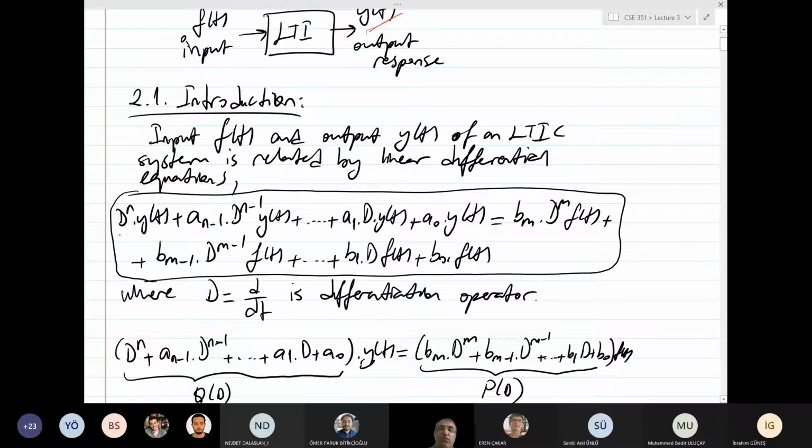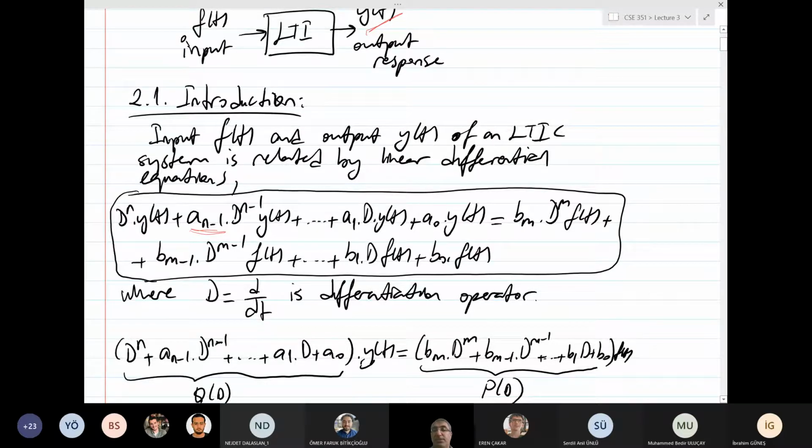As you see, we have the coefficient, in this case 1, times D to the power of n times y of t, which is the output, plus another coefficient a n minus 1 times D to the power of n minus 1 times y of t, plus, and so on, a1 times D, which is the differential, times y of t, plus a0, the coefficient, times y of t.